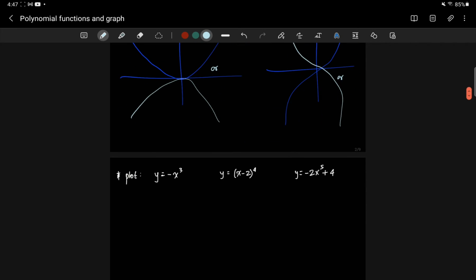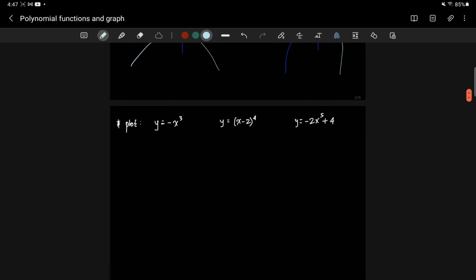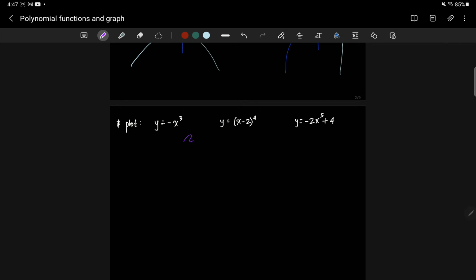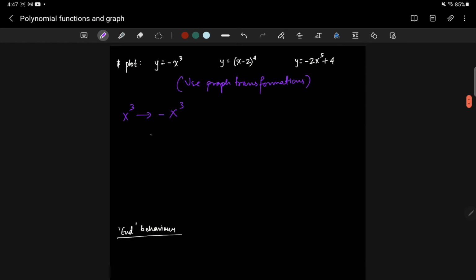So let's try to plot. Now recall graph transformations, right? So we will use graph transformations. First one simply goes from x cubed to negative x cubed.